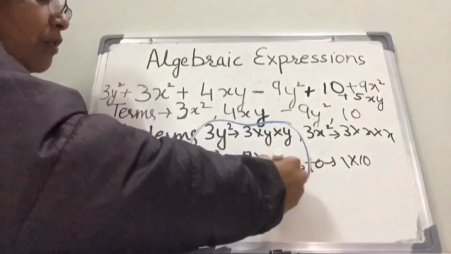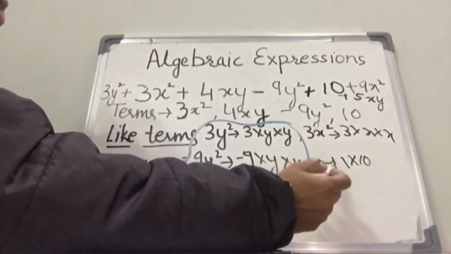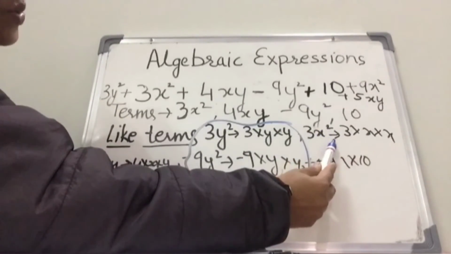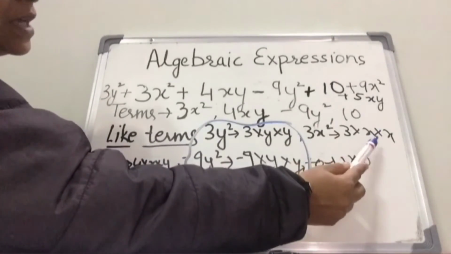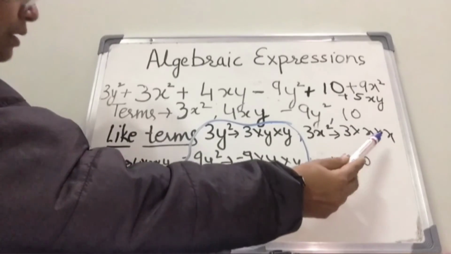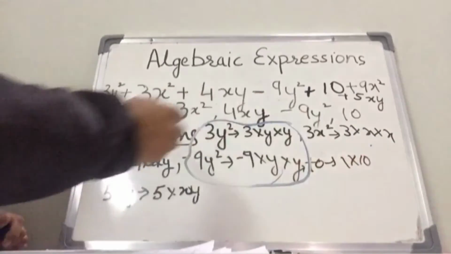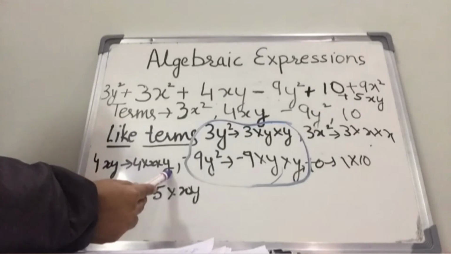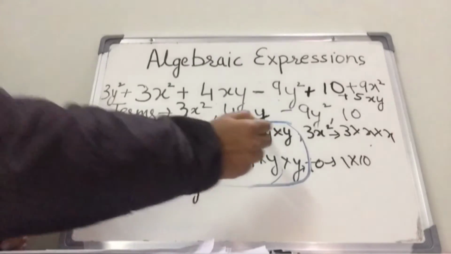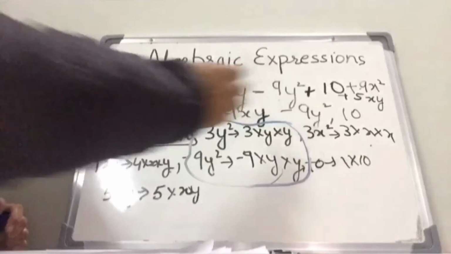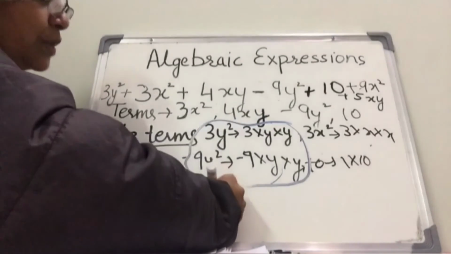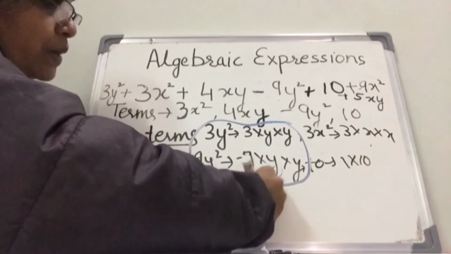So these two will be like terms in this expression. And now we'll find some other like terms. Next term is 3x square. It has x and x as variable factors. 4xy has x and y. This is 9y square, we left it. We'll also write 9x square.